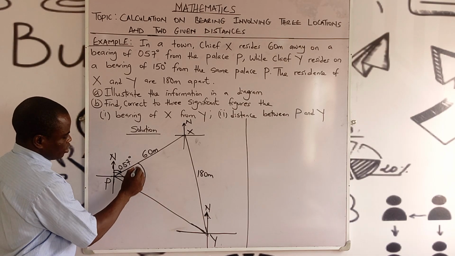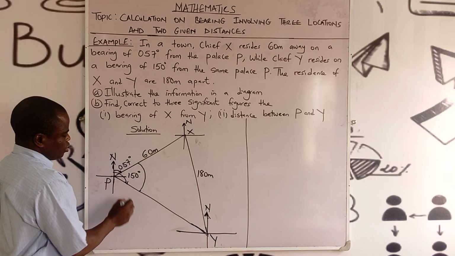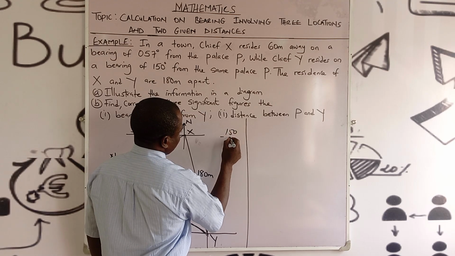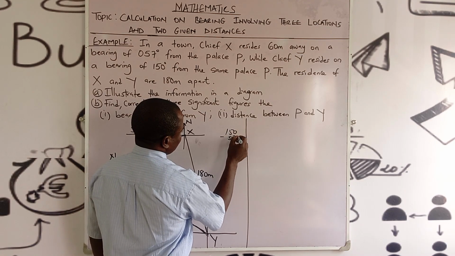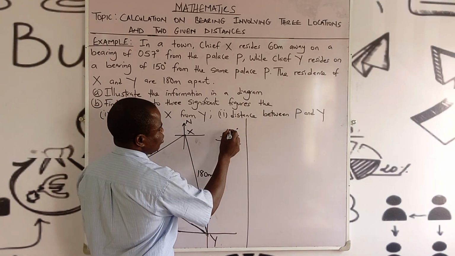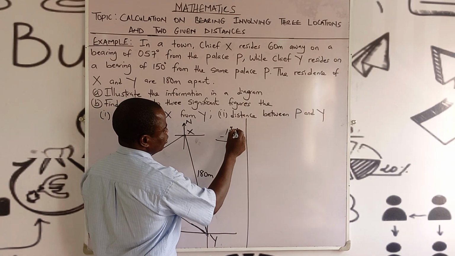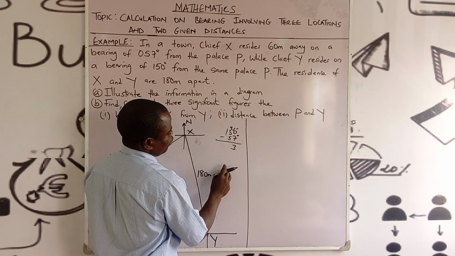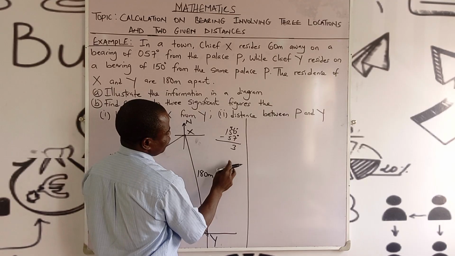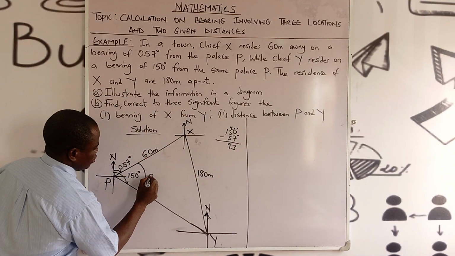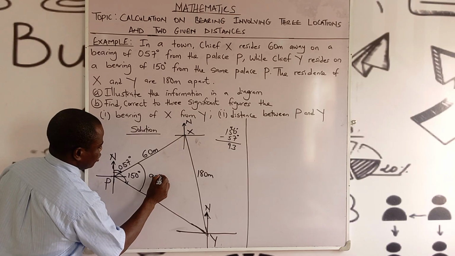To get the angle P, you subtract 57 from 150 degrees. 150 minus 57. Subtract 7 from 0, impossible. Borrow 1 from 5, remain 4. So 0 becomes 10. 10 minus 7 is 3. 4 becomes 14, 14 minus 5 is 9. We have the angle P to be 93 degrees.